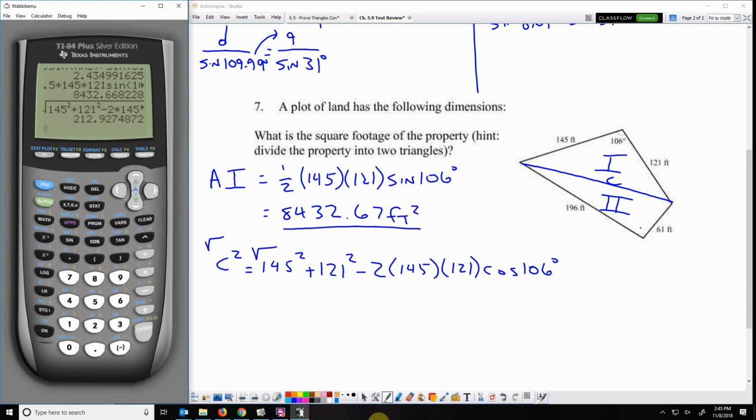So I get 212.93 for this side right here. Now I can use Heron's formula.